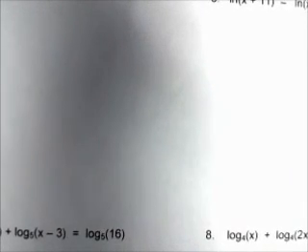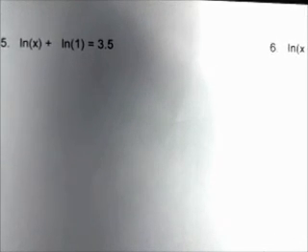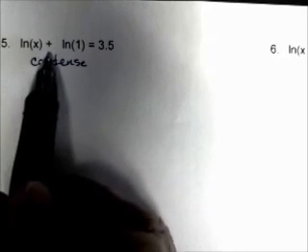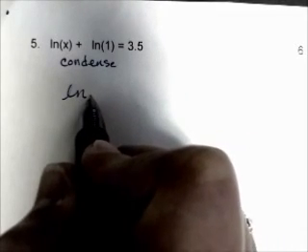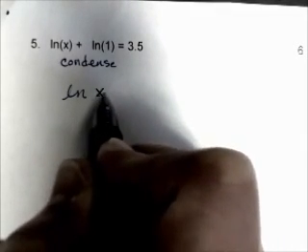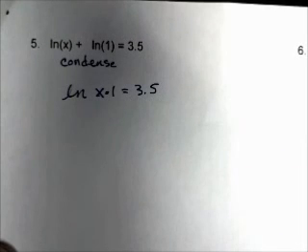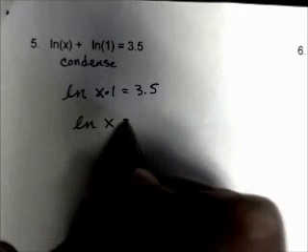Next page. Number 5. We have two ln's on the left-hand side, so let's condense to a single ln. Ln, the plus sign between them, and it was multiplication, so that would be ln of x times 1 is equal to 3.5. X times 1 is simply x, so ln of x equals 3.5.